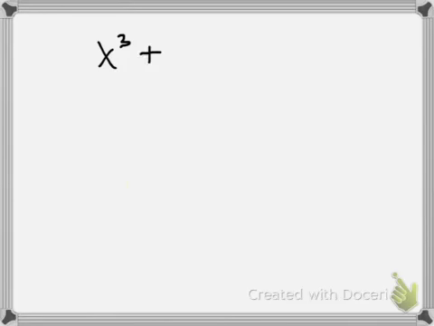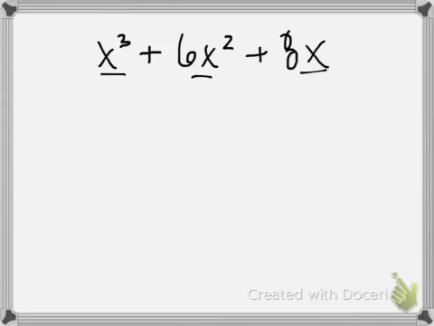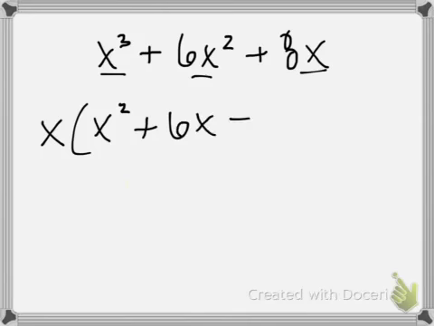So you have 3x cubed plus 6x squared plus 8x. On this one, it's kind of like the one we did before with the 4. But instead of taking out a 4, you'll take out an x because they all have x's. So then it changes to x squared plus 6x plus 8.